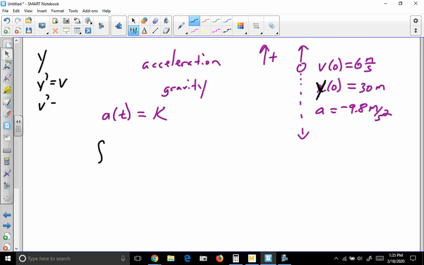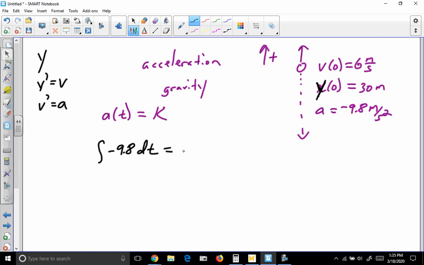And the derivative of velocity, how fast velocity is changing, is acceleration. So if we have acceleration, which is a constant, if we take the antiderivative, it'll give us velocity. The derivative of velocity is acceleration, so if we go backwards, we're taking the antiderivative. And our variable is time.